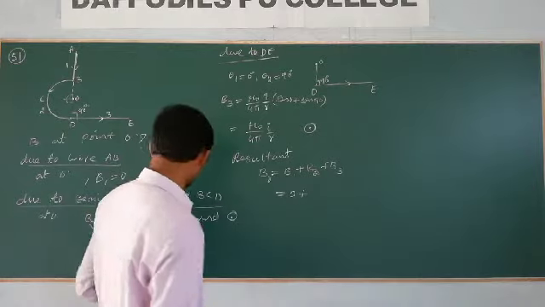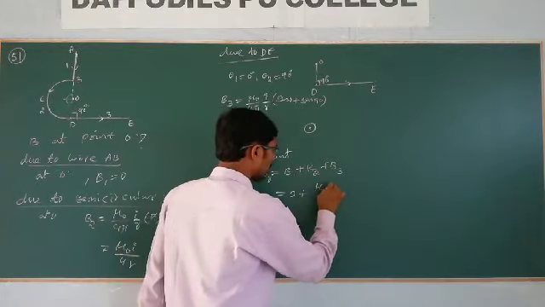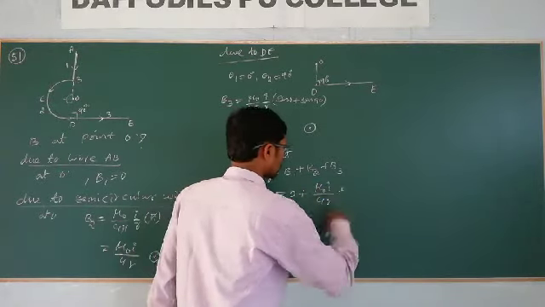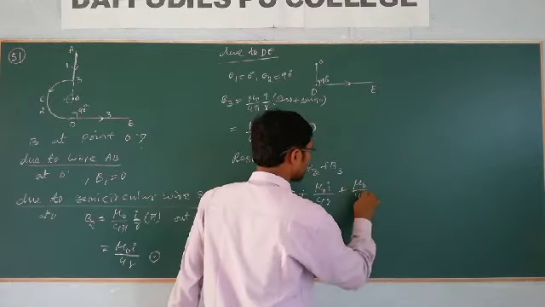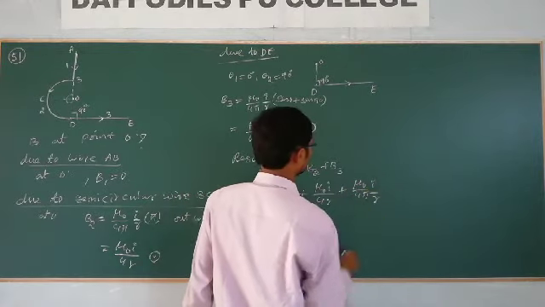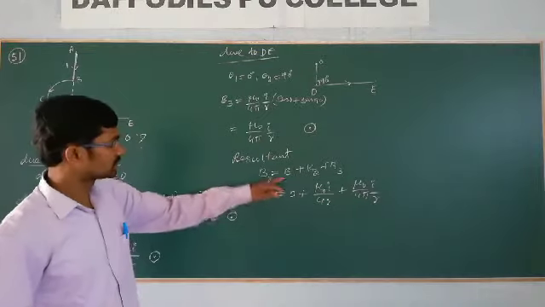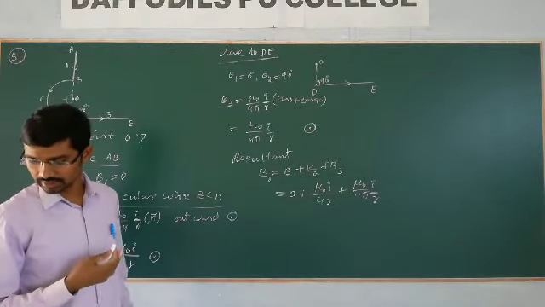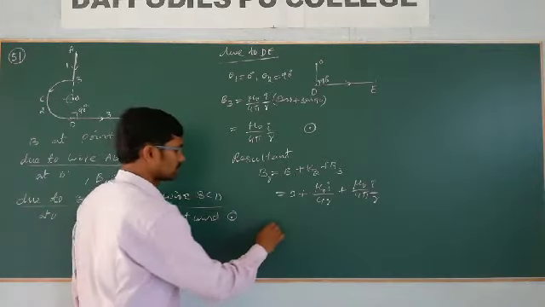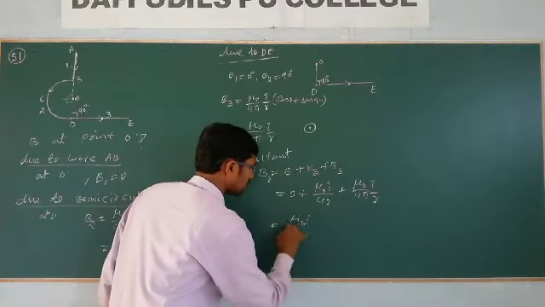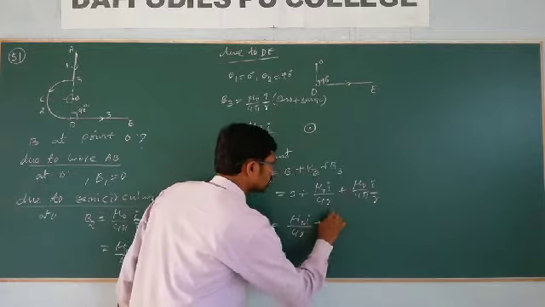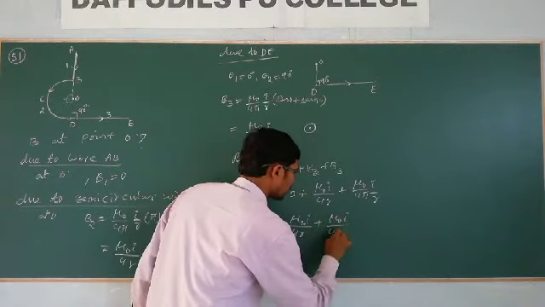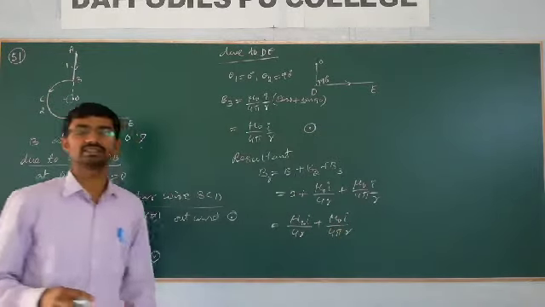It is outward only, so we can add mu naught I by 4R plus mu naught by 4 pi I by R. That's all. Because all are in the same direction, we have added, and the options are given in terms of the same. Then the direct answer is mu naught I by 4R plus mu naught I by 4 pi R, which is the third option.